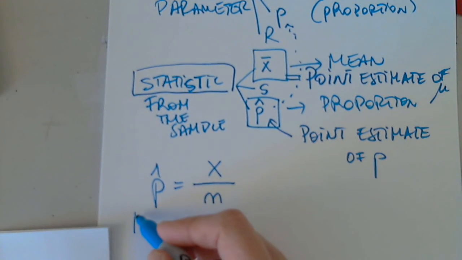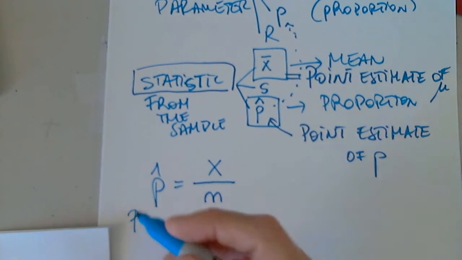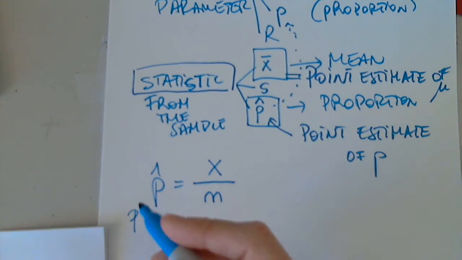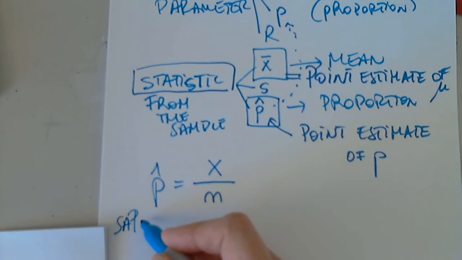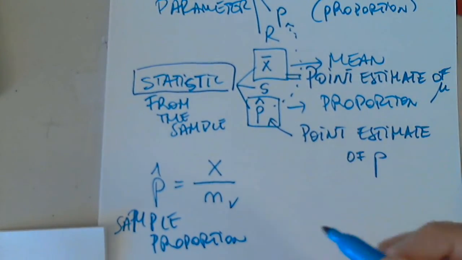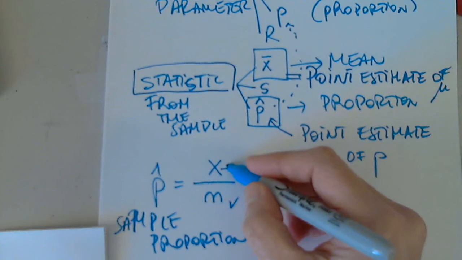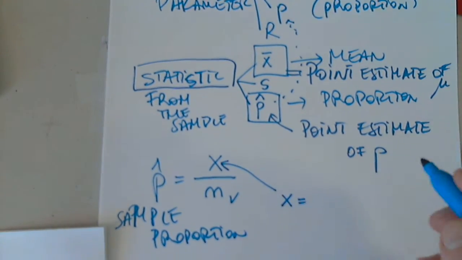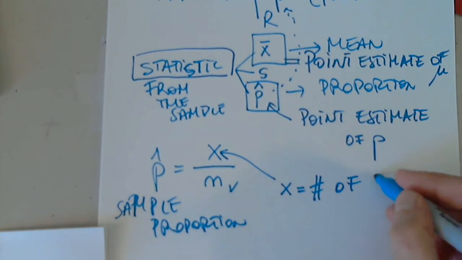This is the sample proportion. We know what n is, the sample size, but what does x represent? X is the number of successes.